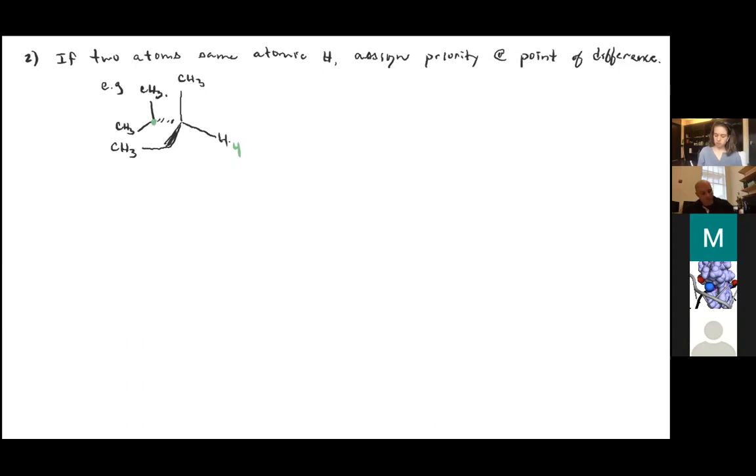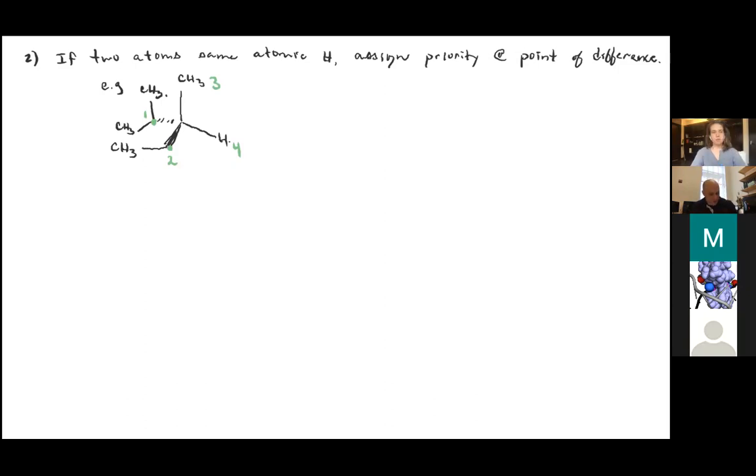And so that is the highest priority substituent. The one coming out towards us is only attached to 1 other carbon, so that's number 2. And the methyl group, of course, is not attached to any, so that's number 3. Okay, so hopefully it's intuitive. You look to see what has, by atomic number, the biggest groups appended to them, and that's how you prioritize when you have the same element.